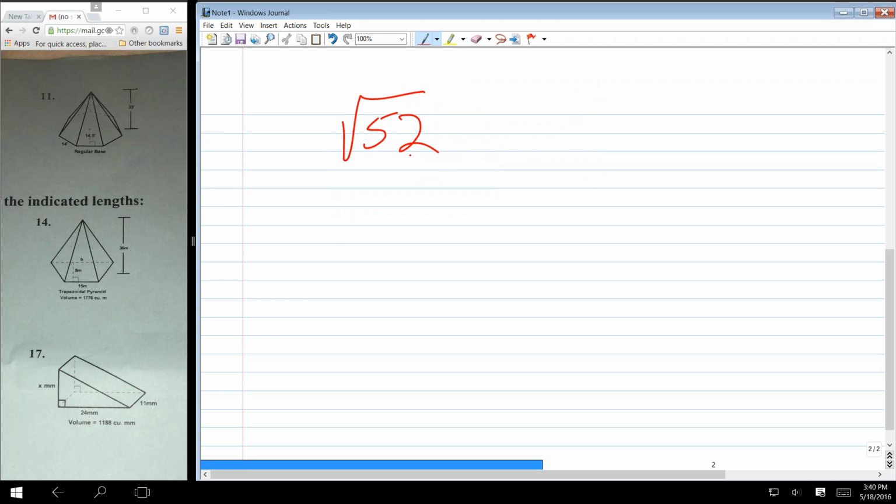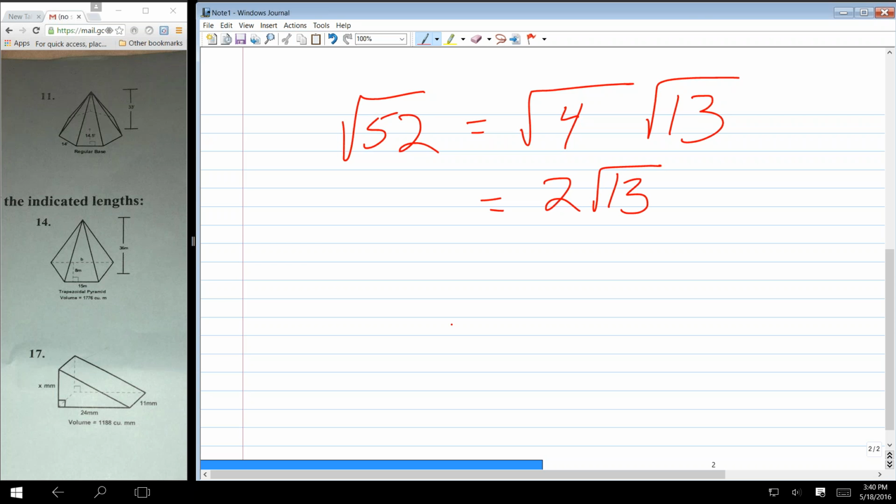When we simplify a radical number, what we're doing is trying to split it up into 2 factors, one of which is a perfect square. 52 factors into 4 times 13. And 4 is a perfect square. So this becomes 2 root 13. Does that answer your question?